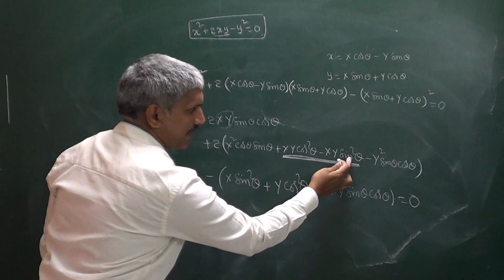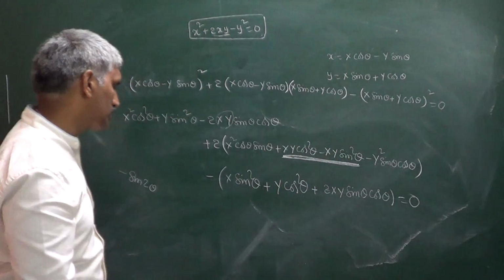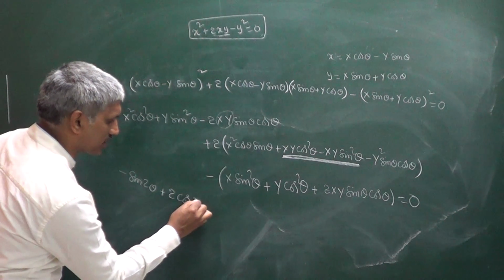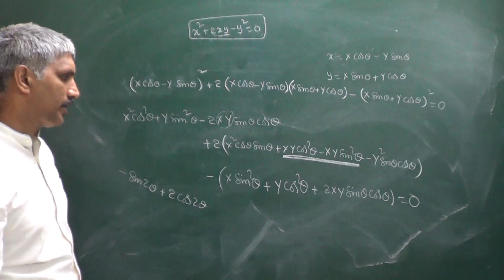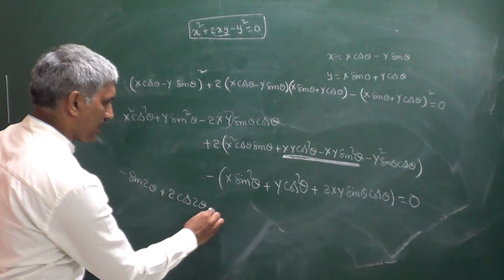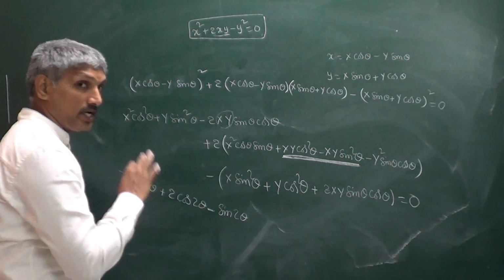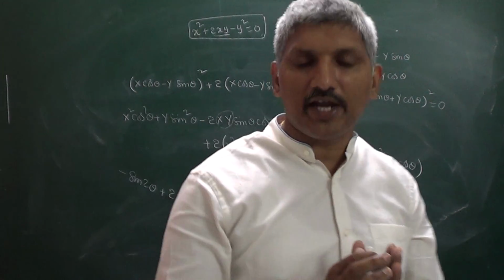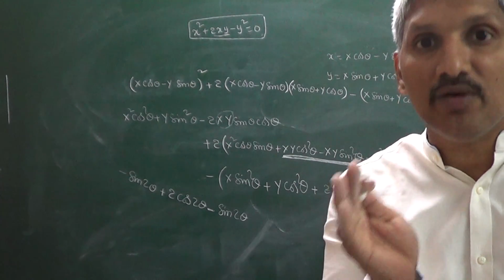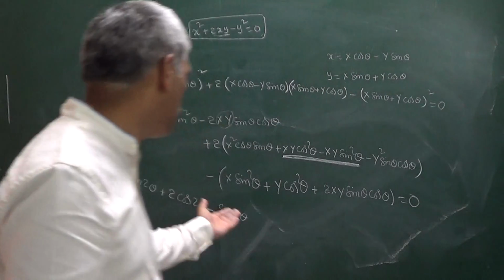Cos square theta minus sin square theta, that's why plus 2 times cos 2 theta. Next here also we have an xy term, that is minus sin 2 theta. That is the coefficient of the xy term, and because we have to eliminate the xy term, we equate the xy coefficient to 0.